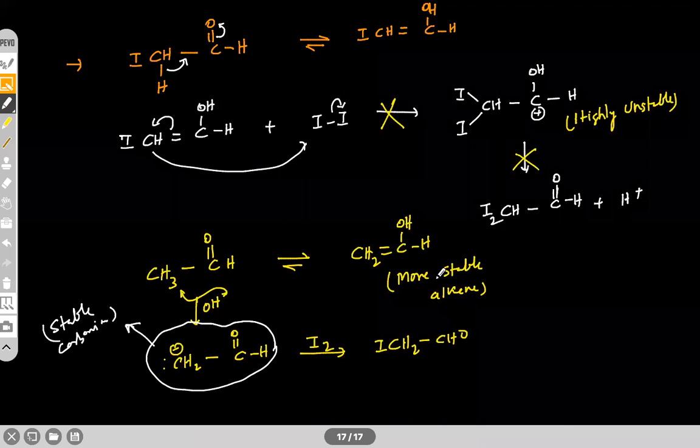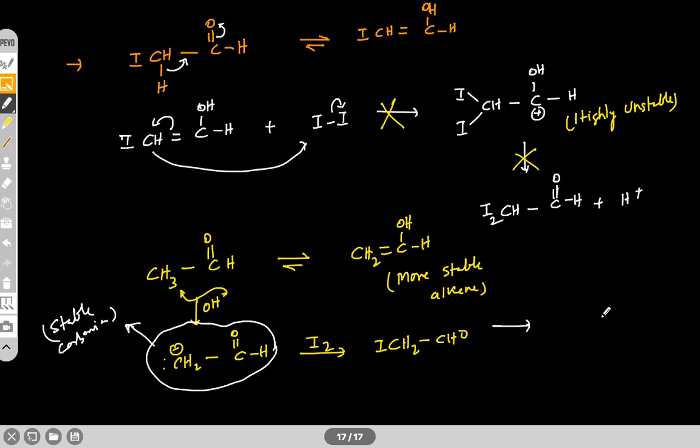Okay. Remember, in the iodoform reaction there are two more steps you have to consider here. You'll get CHI3 and other things, correct? But we are not talking about the iodoform reaction here. This reaction is the halogenation of this in basic medium. We'll stop till here.